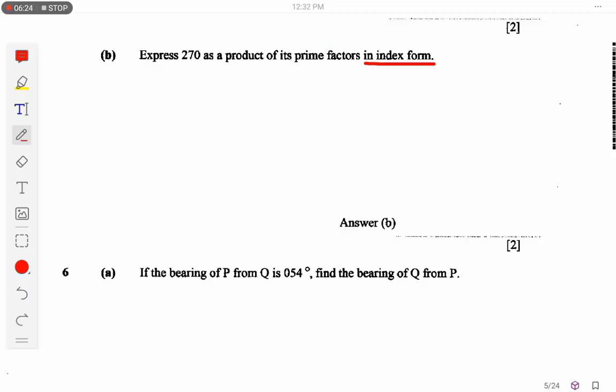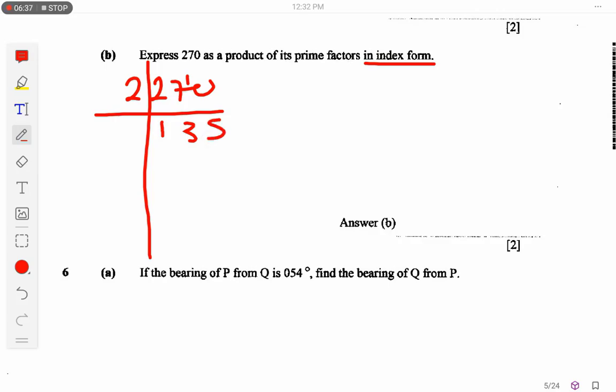So what you do is long division of 270 and use your prime numbers. 2 into 270 is 135. Then 3 into 135 is 45, 3 into 45 is 15, 3 into 15 is 5, and lastly 5 into 5 is 1.